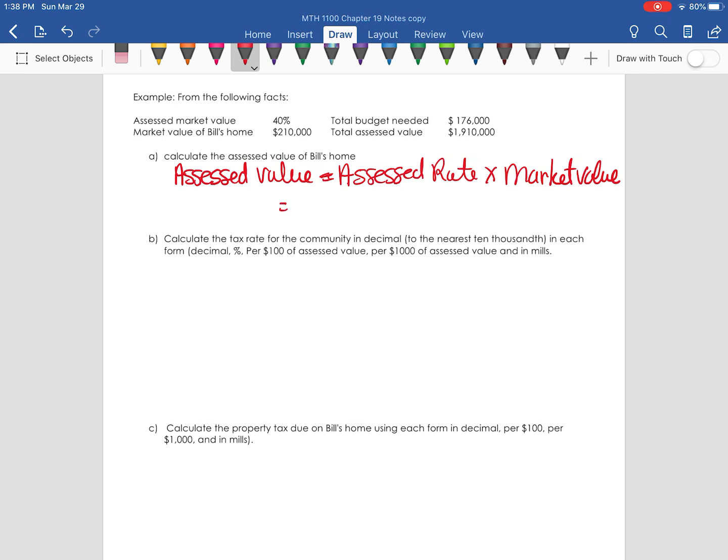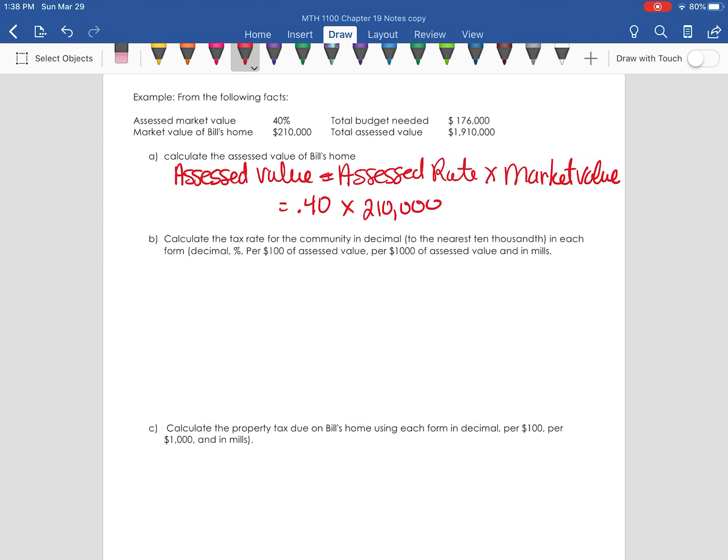In this case, we have the assessed rate, which is 40%. But when we write that as a decimal to do our calculations, it's going to be 0.40. And I'm going to multiply that by the market value, which is given as 210,000.